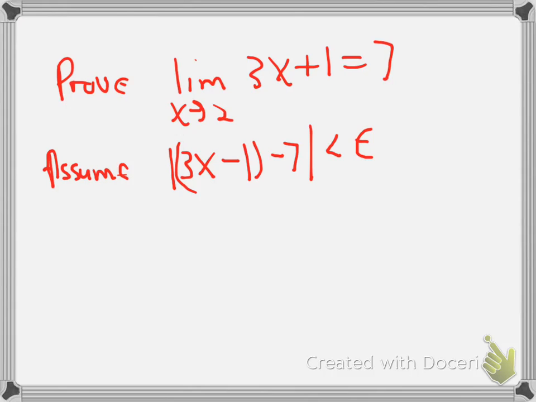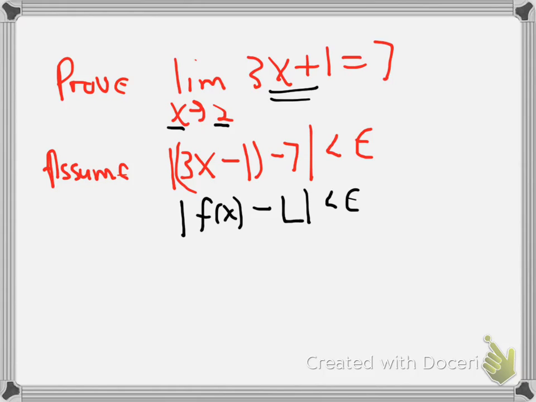Now, why have I written that? Because the second half of our definition of the limit has the absolute value of f of x, and that was my f of x up here, minus what we're saying is the limit, L, and that's my 7, is supposed to end up being less than epsilon. What I want to do is work this backwards now until I can get x minus 2 in absolute values.